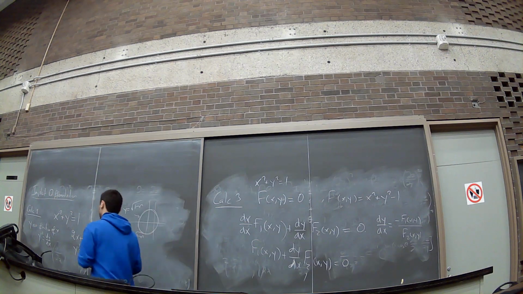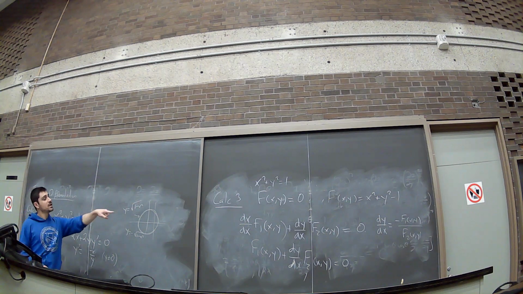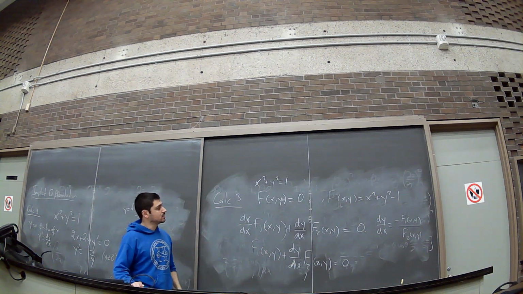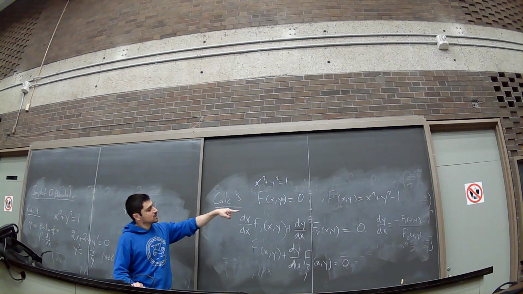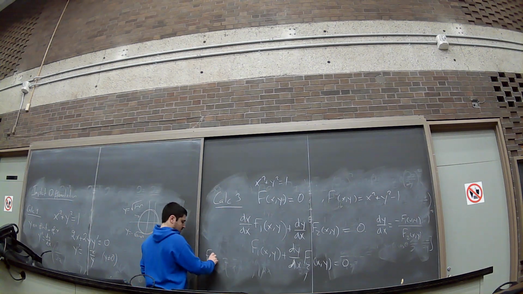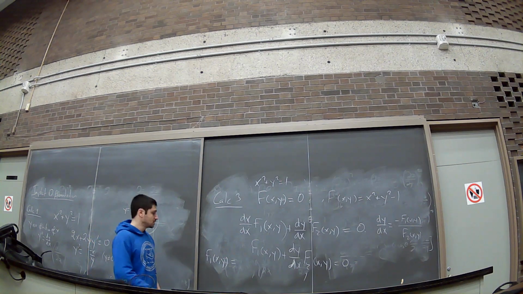Now let's convince ourselves and apply this here. If f(x,y) is x squared plus y squared minus 1, what is f1(x,y)? Everyone? 2x, right?